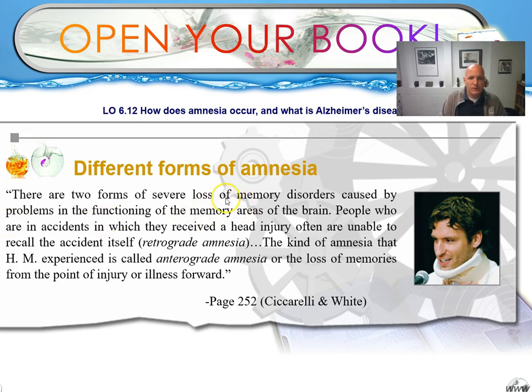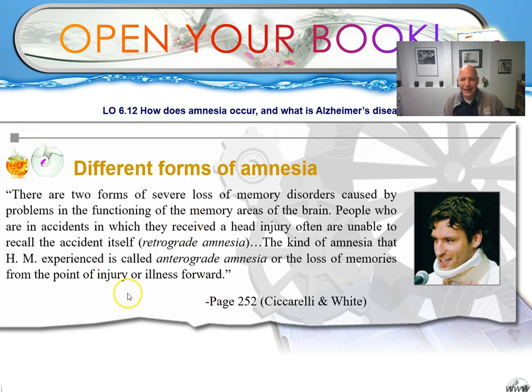So there are two forms of severe loss of memory disorders caused by problems in the functioning of the memory areas of the brain. This is anterograde and retrograde amnesia. People who are in accidents in which they receive a head injury are often unable to recall the incident itself. That's retrograde amnesia.